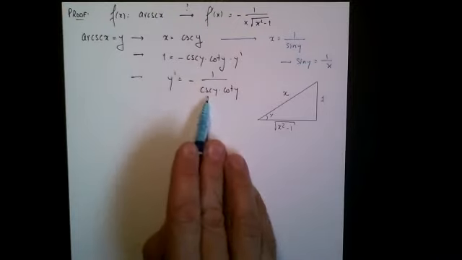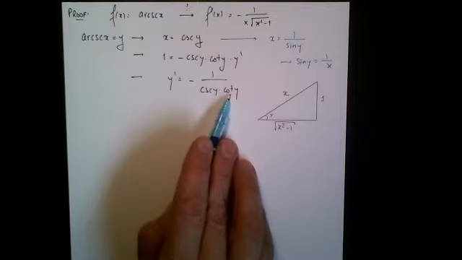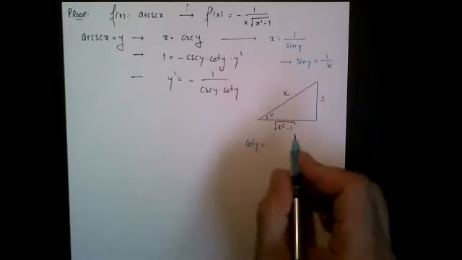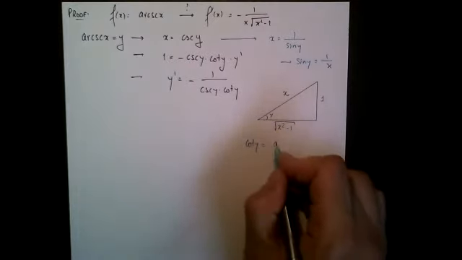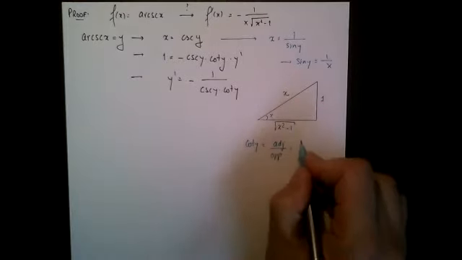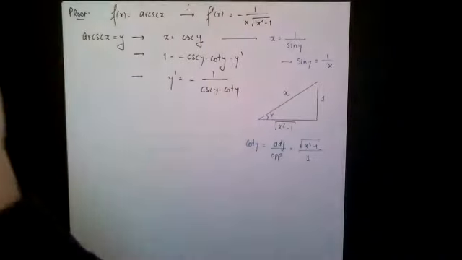Okay, let's go back here. Cosecant y, that's x, so that's okay, we're good. Now cotangent, what is cotangent? The cotangent is the adjacent over the opposite. And so that is root of x squared minus 1 over 1. That's it.